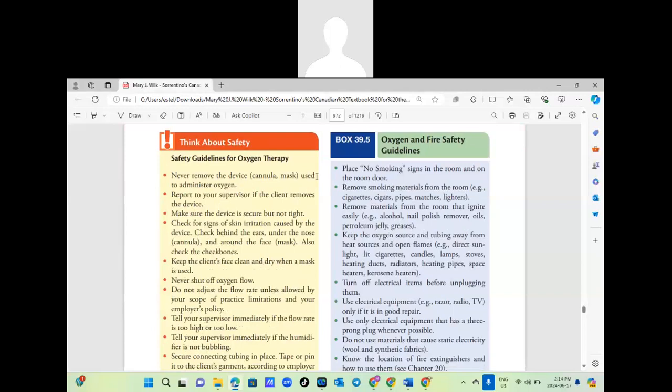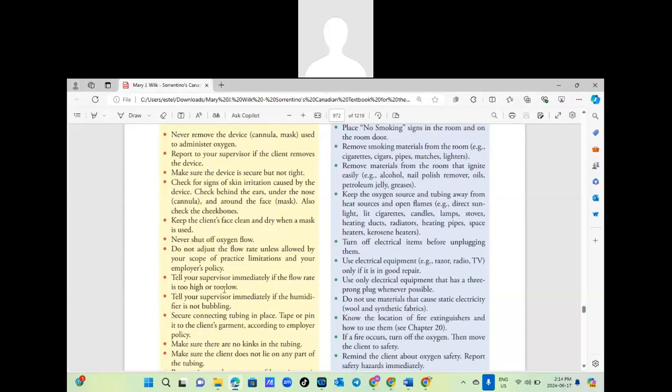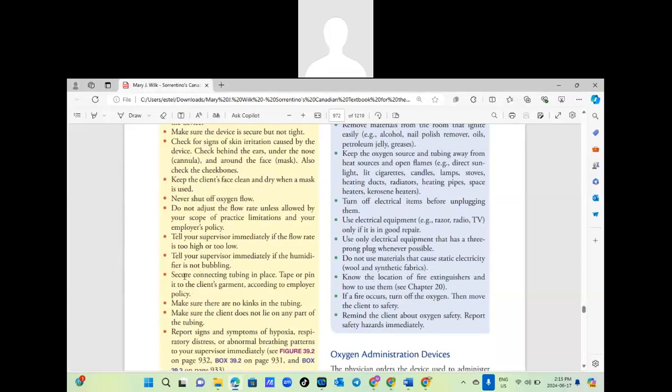Never shut off oxygen flow. Do not adjust the flow rate unless allowed by your scope of practice limitations and your employer's policy. Tell your supervisor immediately if the flow rate is too high or too low. Tell your supervisor immediately if the humidifier is not bubbling. Secure connecting tubing in place, tape or pin it to the client's garment according to the employer's policy.